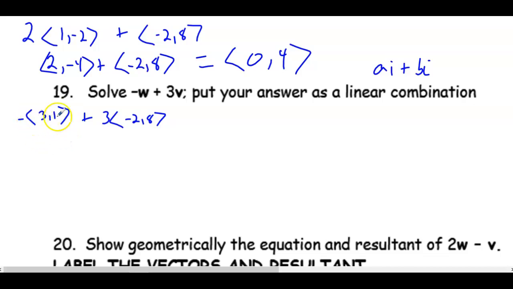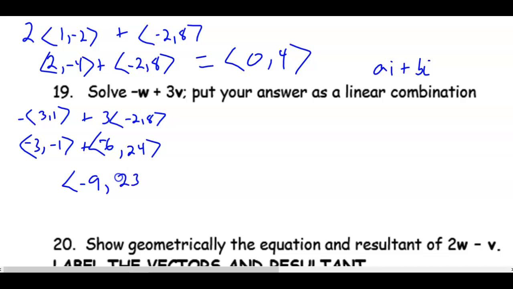So distribute that. Right? -3, -1. Distribute that 3. Right? So -3 plus -6 is -9. And -1 plus 24 is 23.